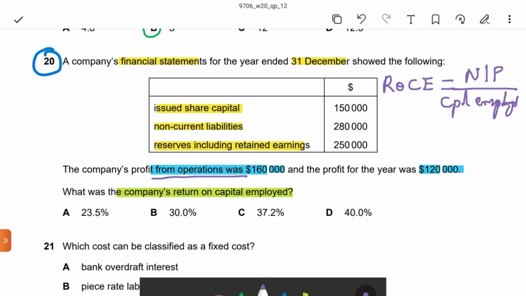Capital employed is equal to capital plus long-term liabilities.